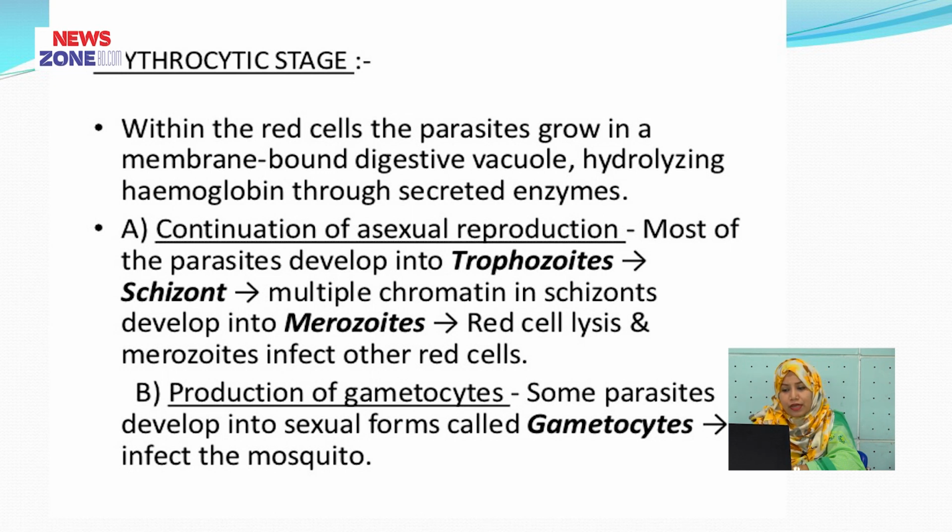If they continue asexual reproduction, most of the parasites develop into trophozoites. Ultimately, schizonts with multiple chromatin develop into merozoites. RBC lysis occurs and merozoites infect other RBCs. And some parasites develop into the sexual forms, the gametocytes, and infect the mosquito. Some go to the trophozoite and then develop into merozoites, and some go to the sexual form, that is gametocyte.